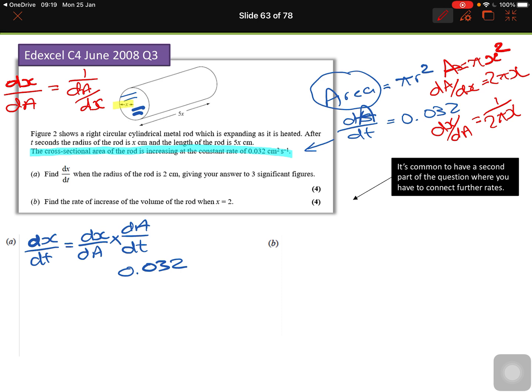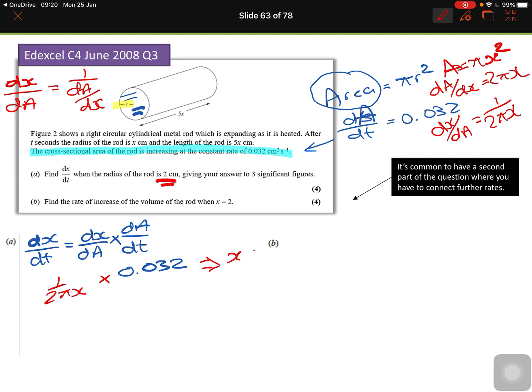So again, we've got to relate back to the differentiation chapter, back to how we can find these missing parts. So that's now going to be 1 over 2 pi x times 0.032. We're going to do it when the radius is 2.